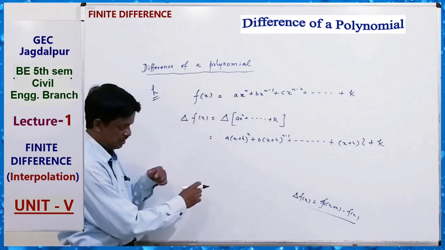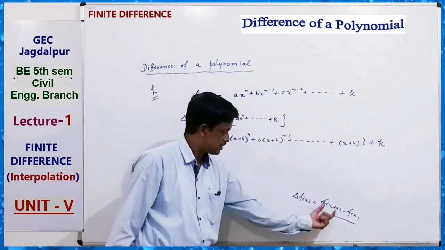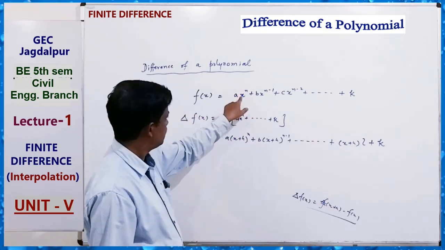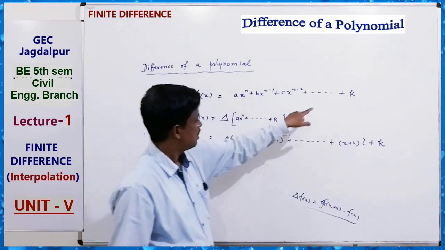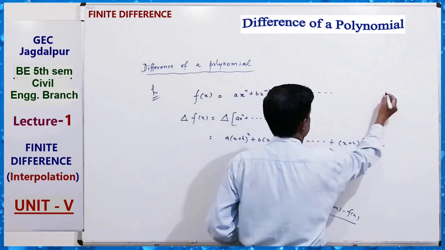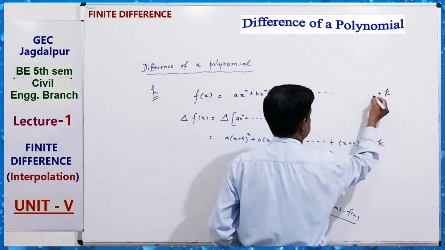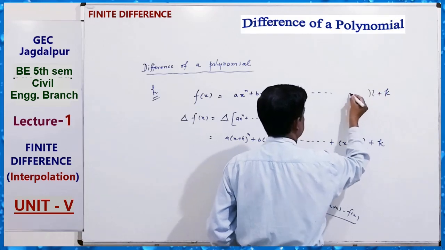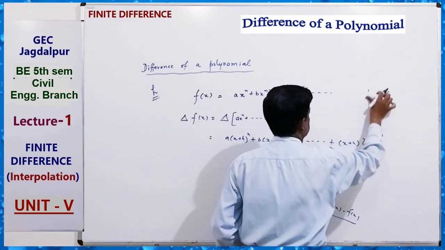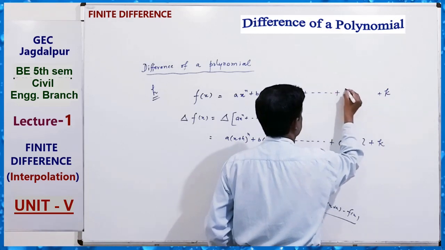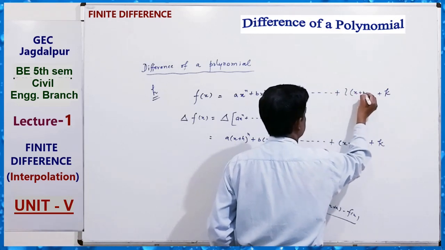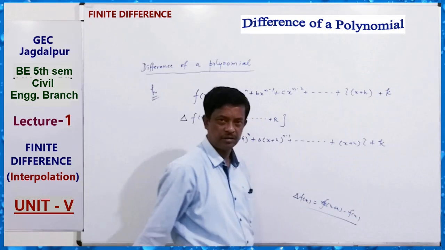Means we use this formula f(x+h). This is f(x). In place of x plus h, up to here, its last term is x to the power 0, and its previous term is some constant into x plus h to the power 1.